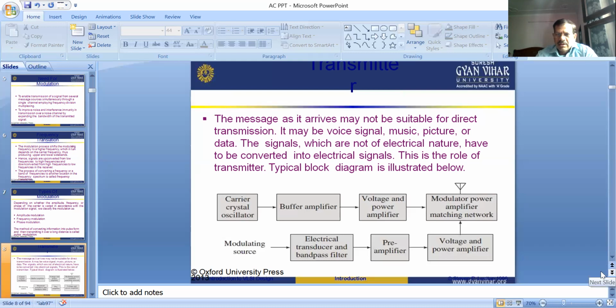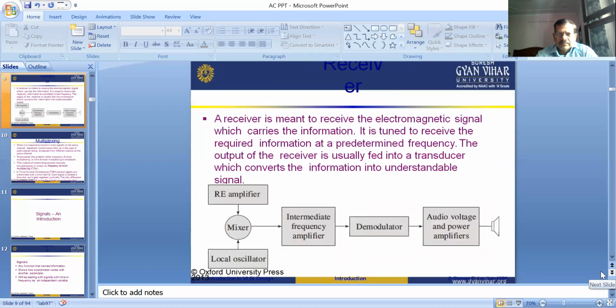Now at the receiver: a receiver is meant to receive electromagnetic signals.